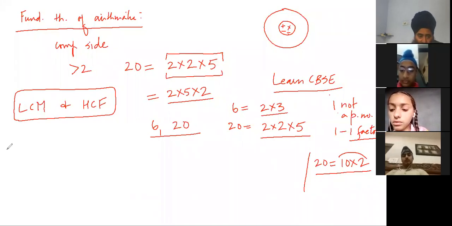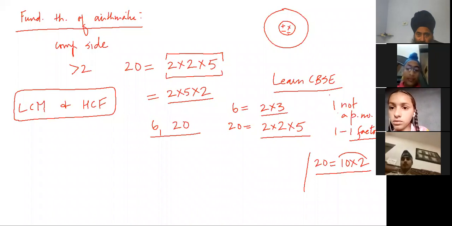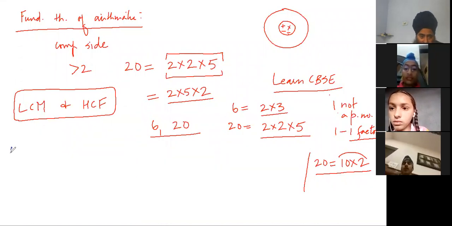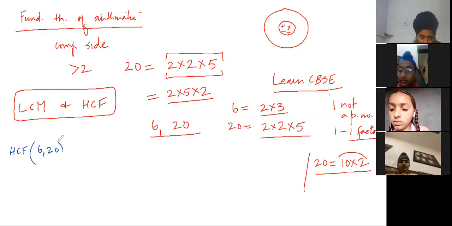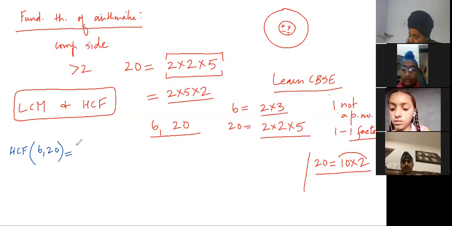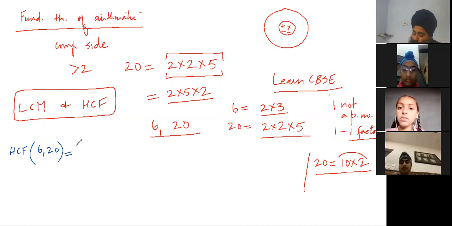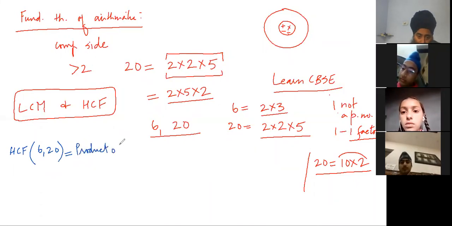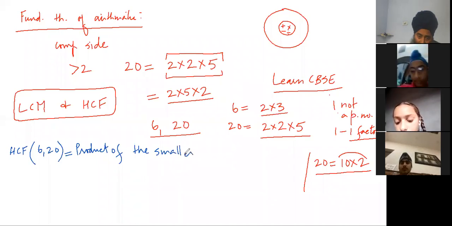Right? So now, very simple thing. If you want to find out the HCF of 6 and 20, according to the fundamental theorem of arithmetic, it is the product of the smallest powers of each common prime factor in the numbers.